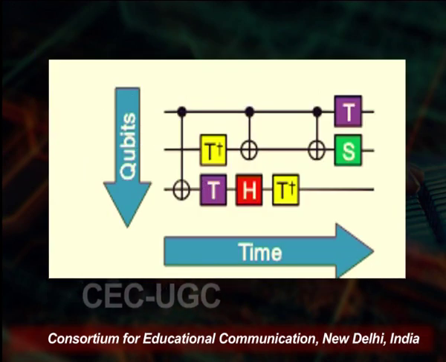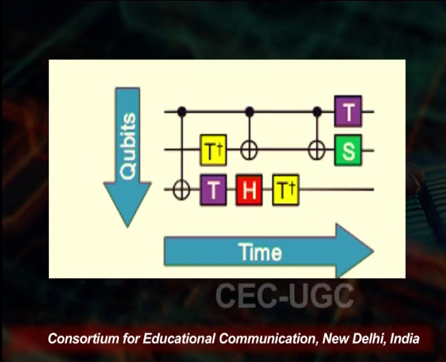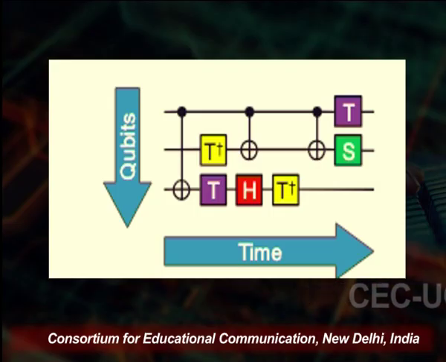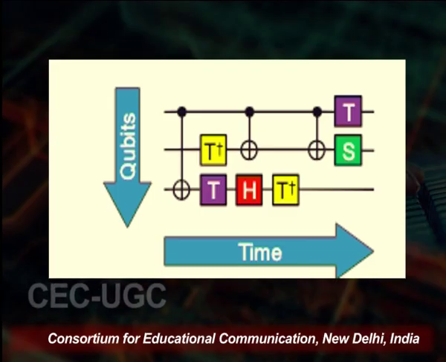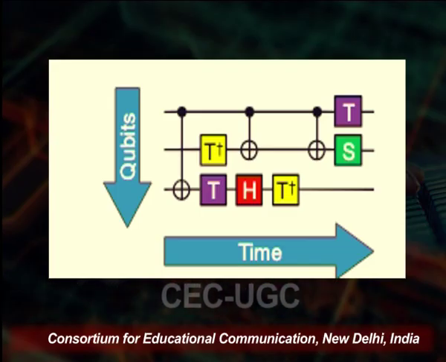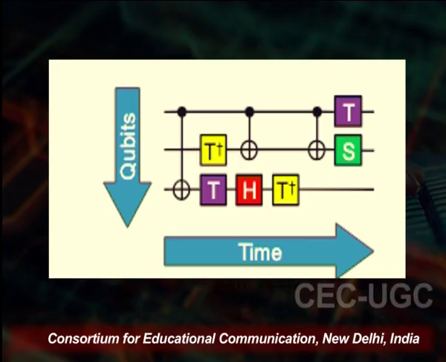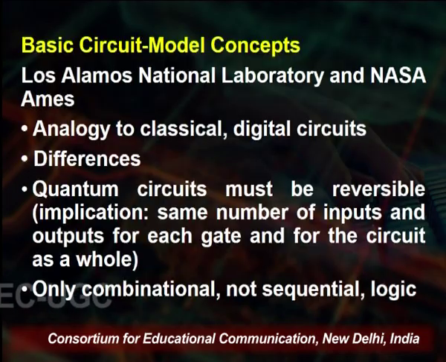This is the bits and time, but in case of qubits we are using registers, and that has been defined in this form. Multiple registers are connected with each other. So these are T, T, H, T1, Ts.